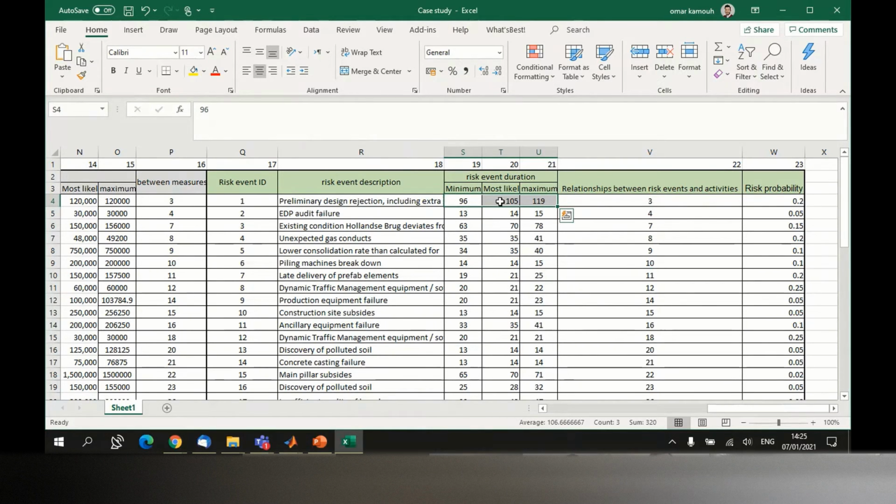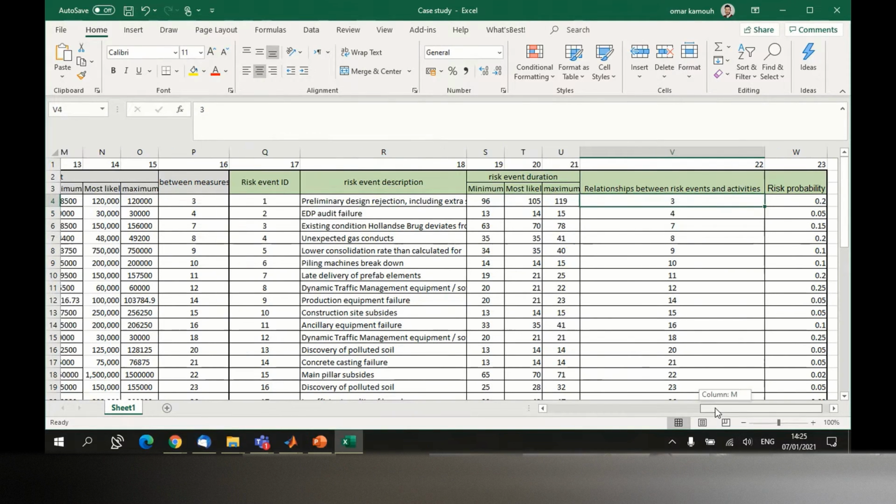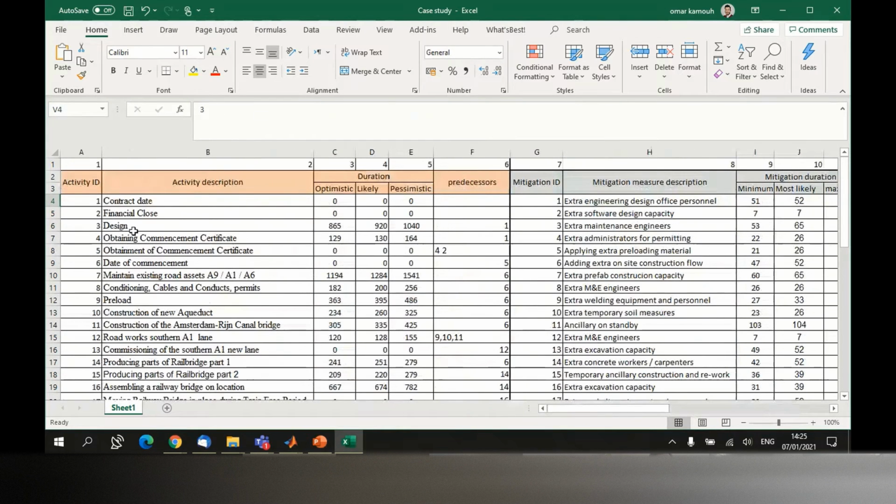Let's say that the duration of this risk is 100. It's going to affect activity number 3 by 100 additional days. So you go to activity number 3. The duration of activity number 3, let's assume, is 900, and the risk incurred 100 days of delay. Then it's 900 plus 100, which is 1000. So the duration of the activity will become 1000.